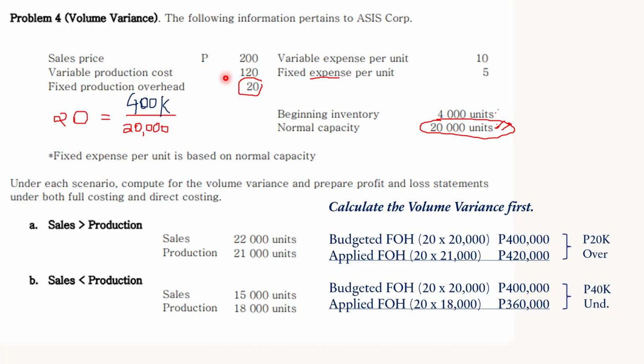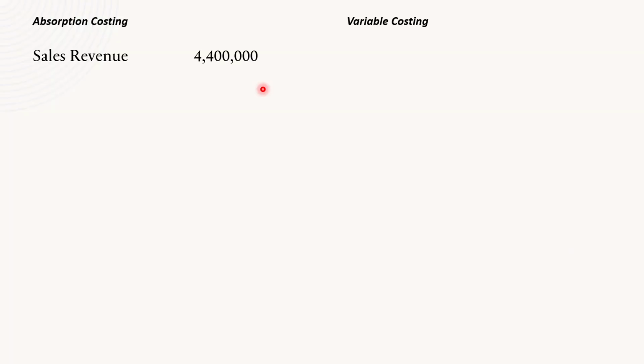The cost of goods sold would include both variable and fixed production cost. So 120 plus 20 is 140. 140 times 22,000 is 3,080,000.